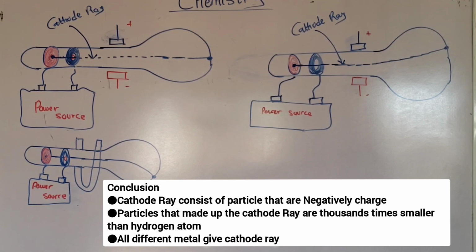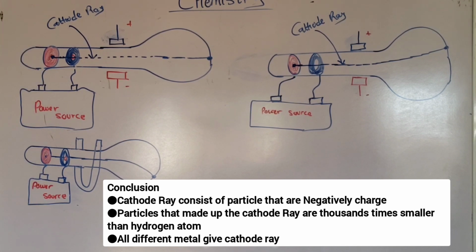Then Thompson swaps out the two metals in the cathode ray tube. He makes use of different types of metals to test whether the conclusion drawn from his experiment is valid.